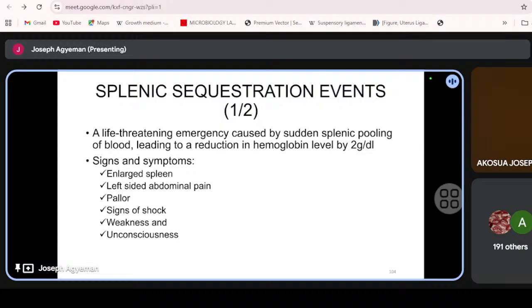Treat any other underlying trigger factor. There are oxidants contributing to it. Clear. Infection, clear. Dehydration, clear. Acidosis, clear. This is how you do it. You manage the underlying causes. Any issue?